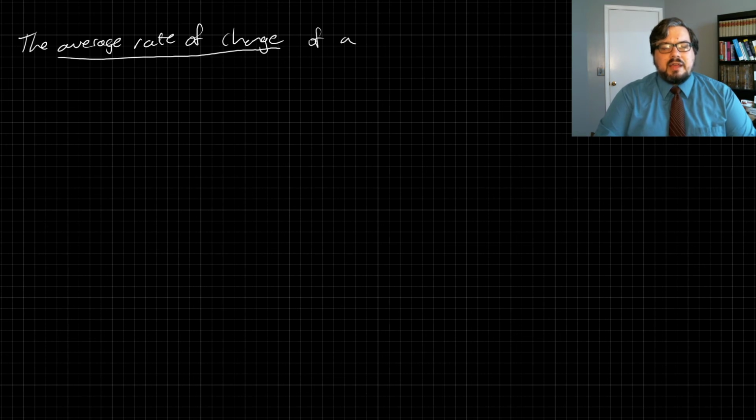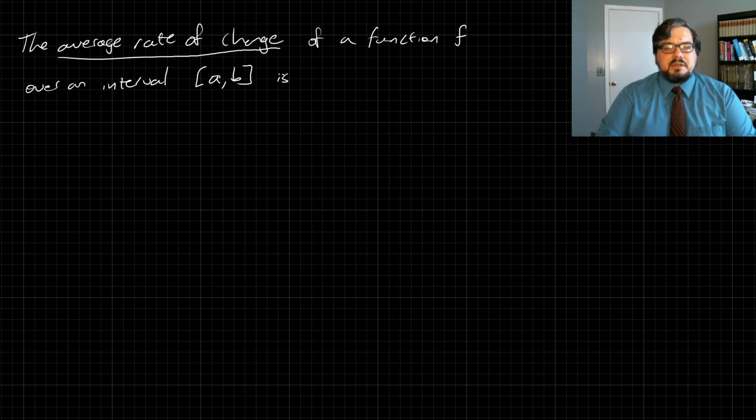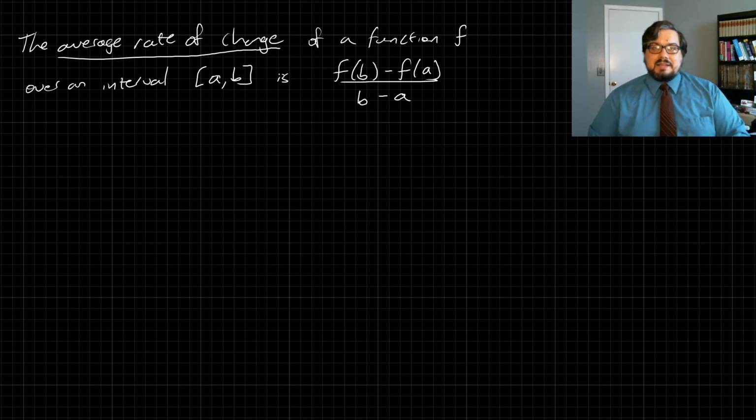So, the average rate of change of a function f over an interval [a, b] is given by the following formula: f(b) minus f(a) over b minus a.